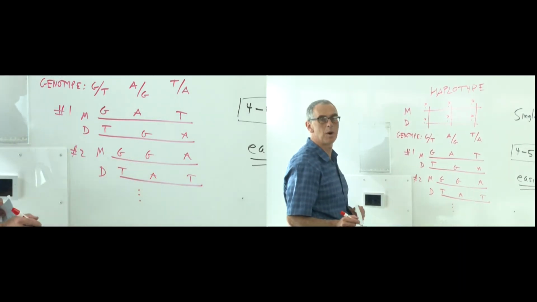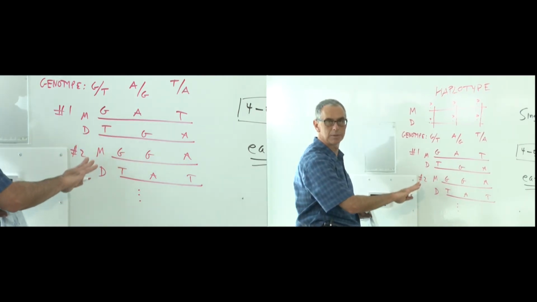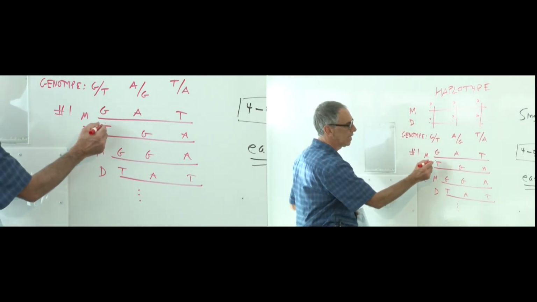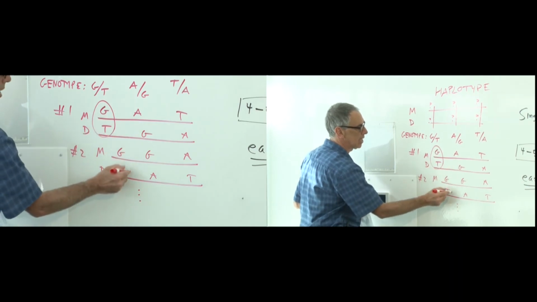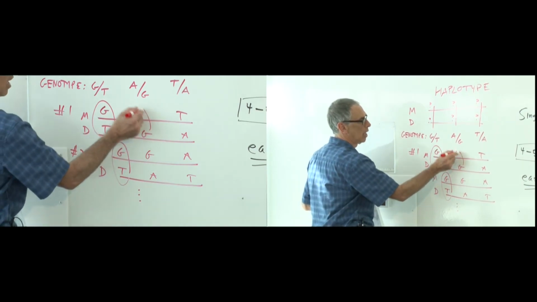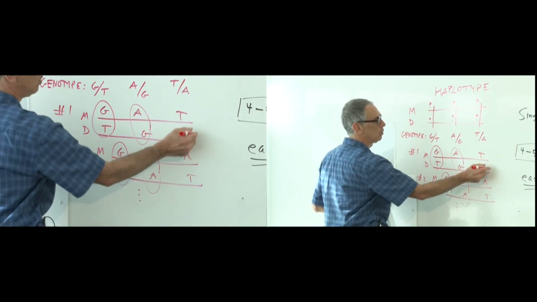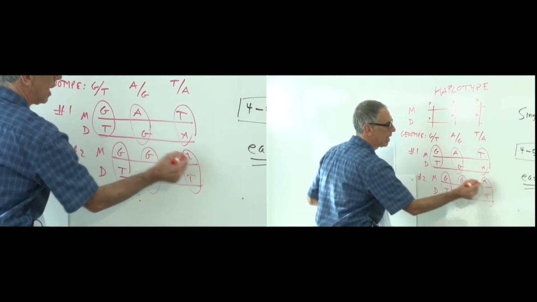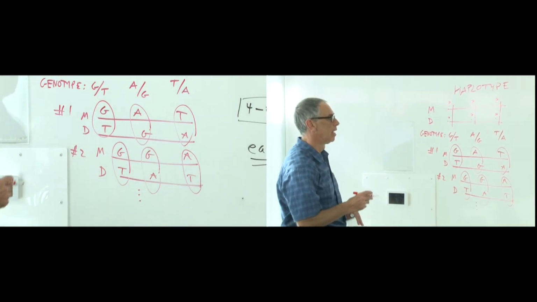And you can spend quite a bit of time generating all the possible combinations that would lead to you having a G and a T at position 1, an A and a G at position 2, and a T and an A at position 3.